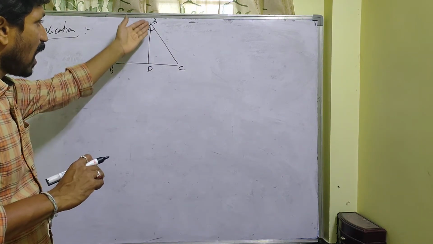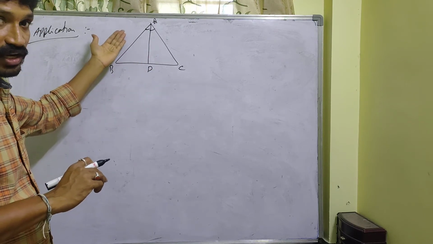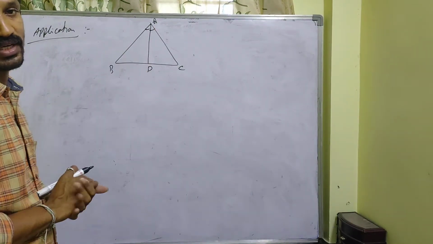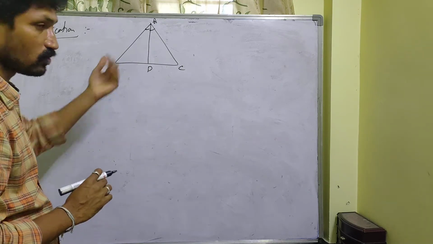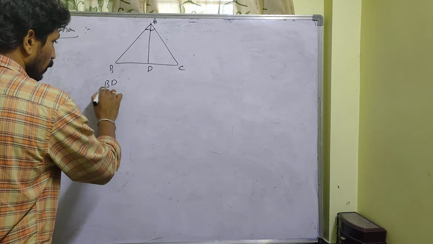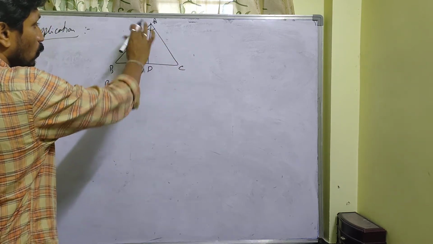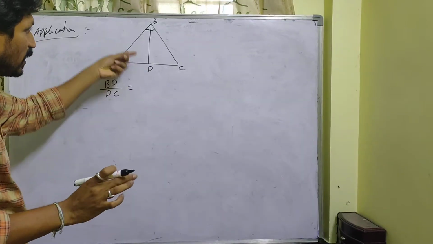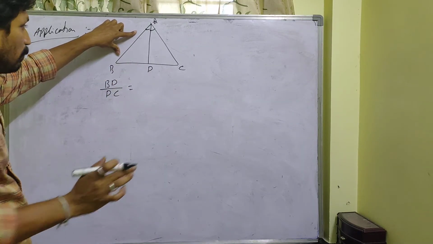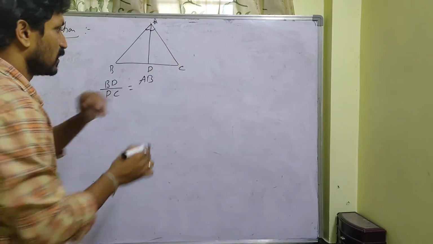The internal angular bisector divides the base in the ratio of the other two sides. That means BD by DC is equal to BD's adjacent side AB by the other adjacent side AC.